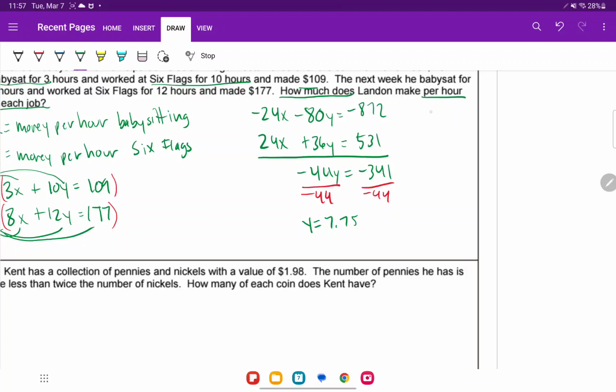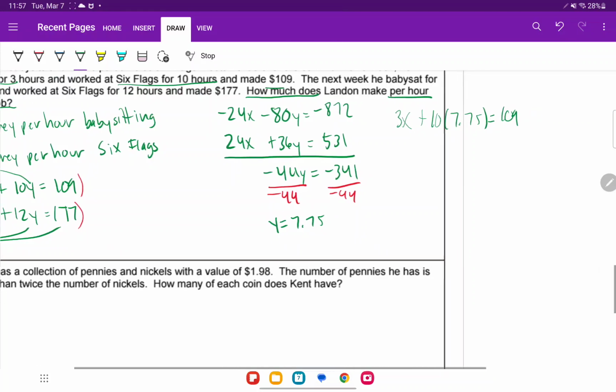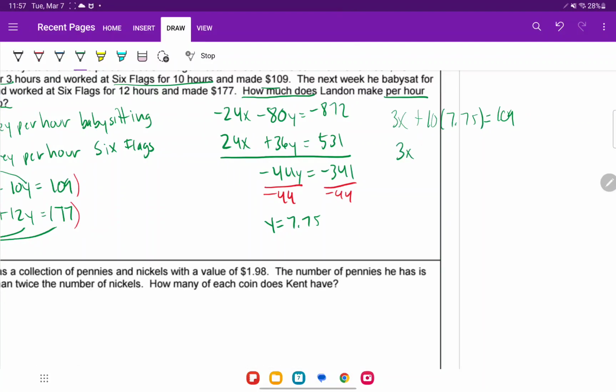So we have 3x plus 10 times 7.75 equals 109. 3x plus 10 times 7.75 is 77.5 equals 109. Minus 77.5 from both sides.